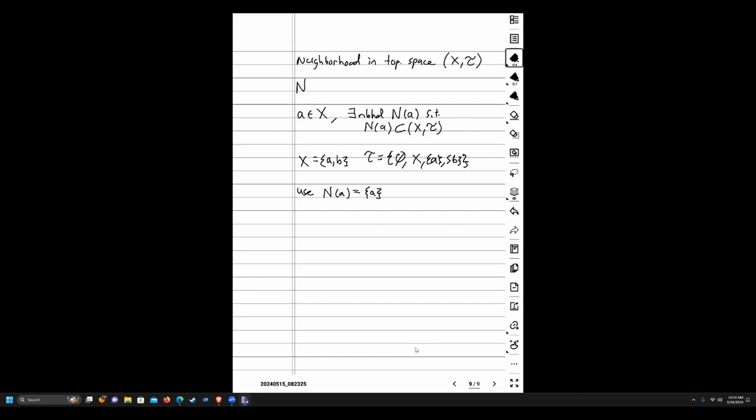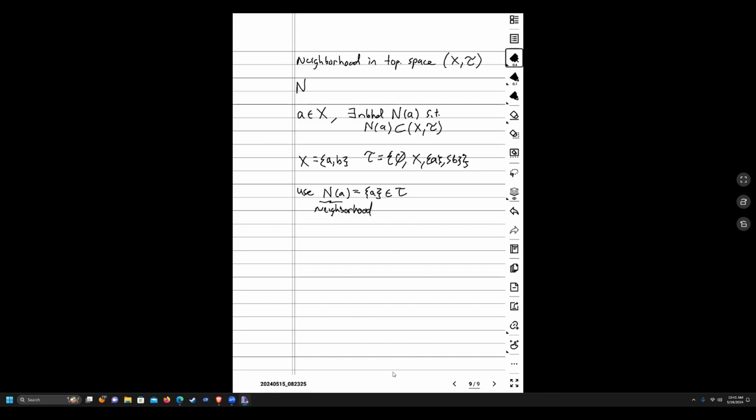And the singleton set {A} is a member of tau. And so this is considered a neighborhood in just a topology. All right, so a neighborhood is just a subset that's in the collection of sets tau. That's what it means in terms of just a topological space.